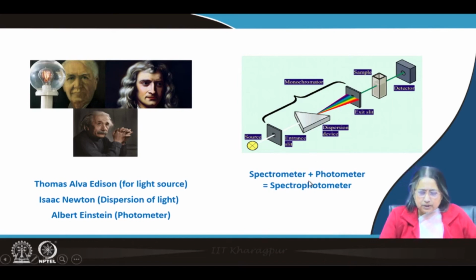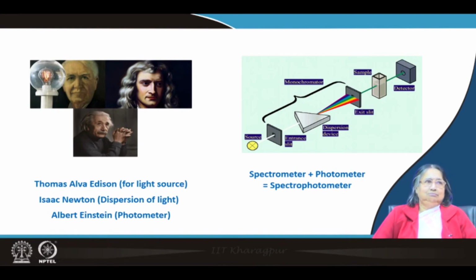Now, the second part is the diffraction grating, that means the light is dispersed into different wavelengths. Previously a prism was used, but now a diffraction grating is used. Here you see different lights are coming, and then it passes through some solution, where the light is absorbed, and then the photometer comes to monitor the light.